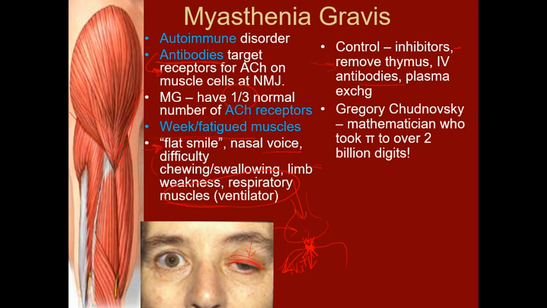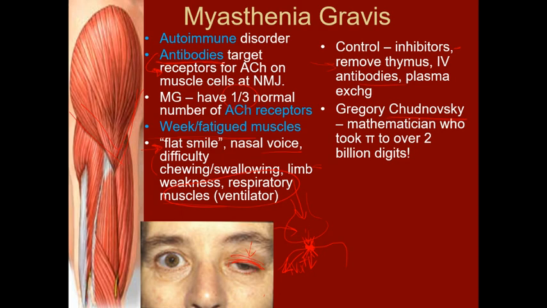In the science community or the math community, probably not in your community, a famous individual that had myasthenia gravis was this guy called Gregory Chinovsky. Gregory Chinovsky was a mathematician. So, I mean, it doesn't affect the brain. You got to think mathematicians, very smart. He was brilliant.